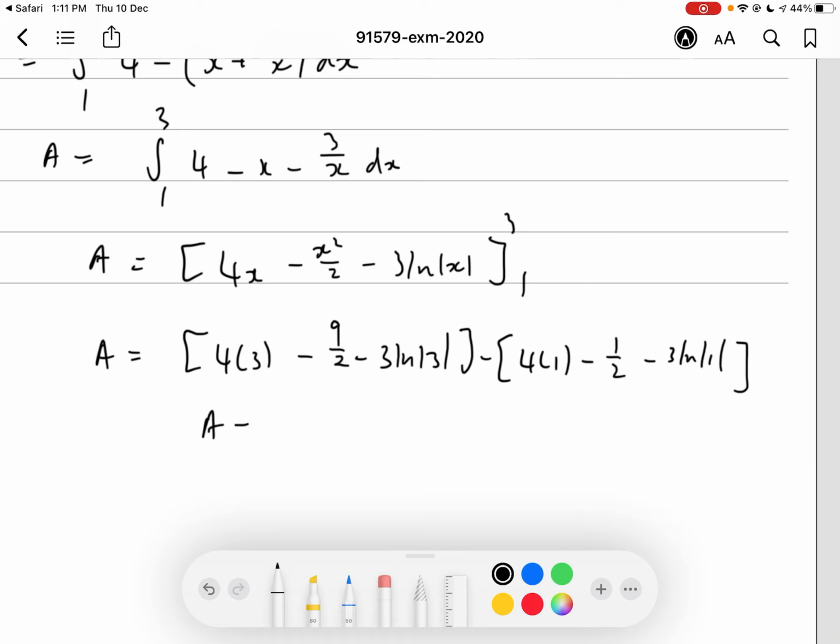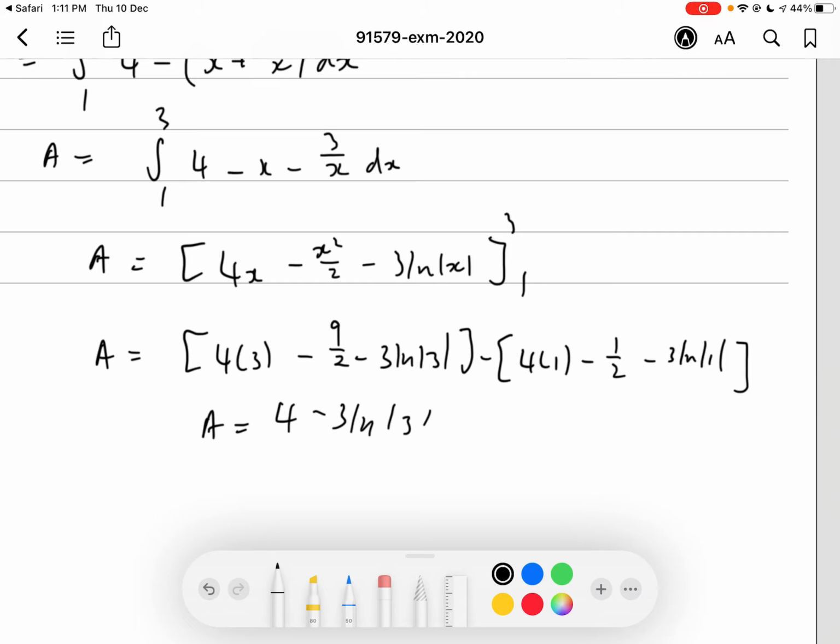Okay, so we should be getting area equals 12 minus 9 over 2 minus 4 plus 0.5. That gives us 4 minus 3 ln of 3.